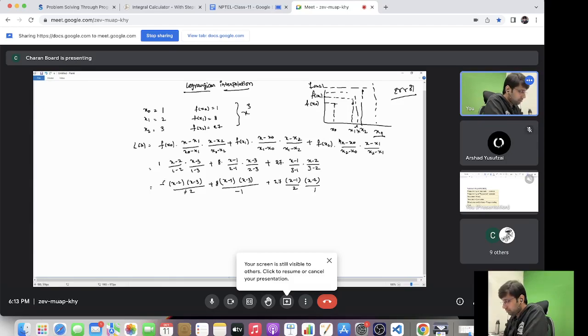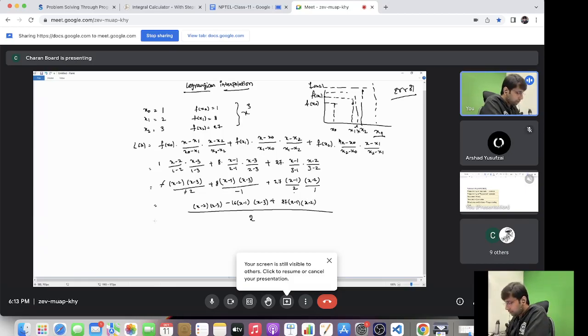So both these things will get cancelled, so we will try to take the LCM here. 2 minus 1 is 1, so 2 is the LCM, so then (x minus 2)(x minus 3) minus 16 into (x minus 1)(x minus 3), because I just did 2 times 8, that is 16, so I have written directly, plus 27 into (x minus 1)(x minus 2).